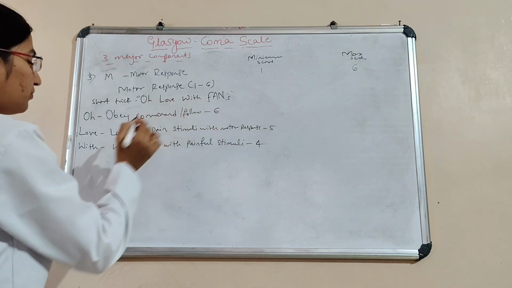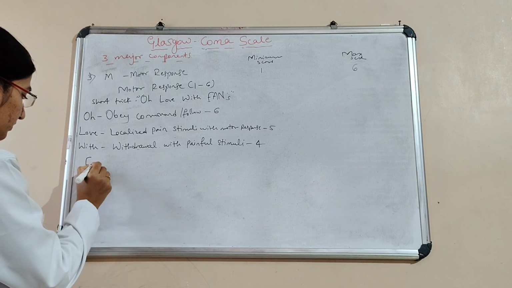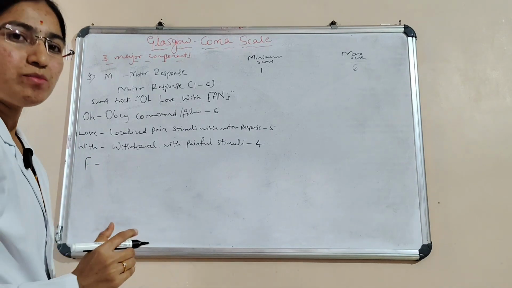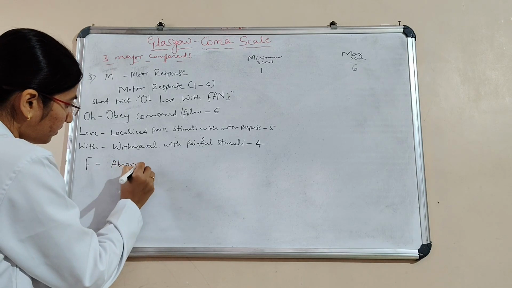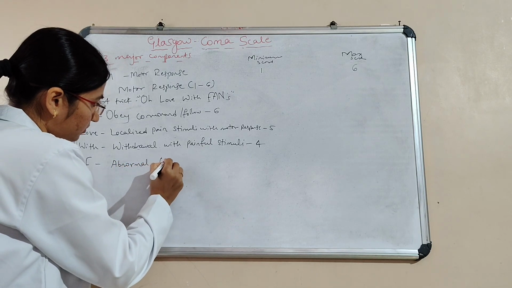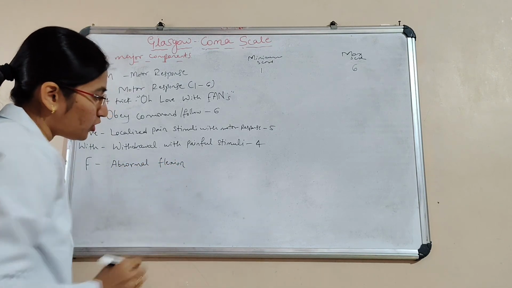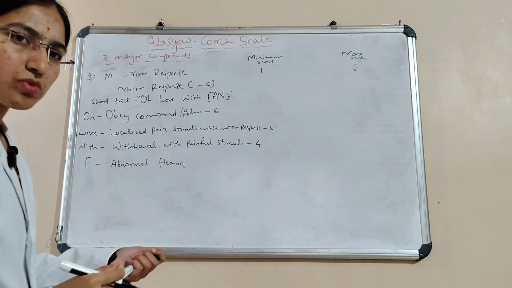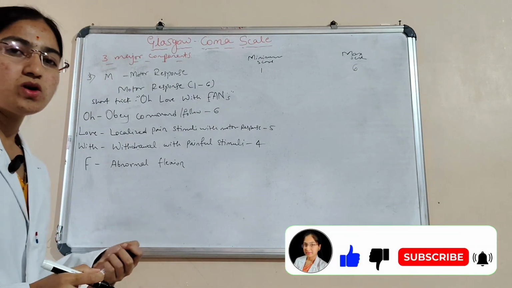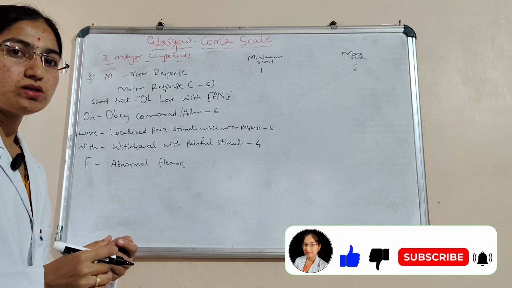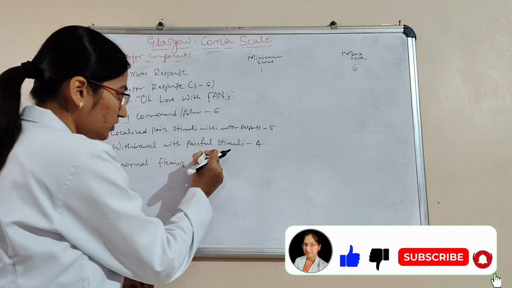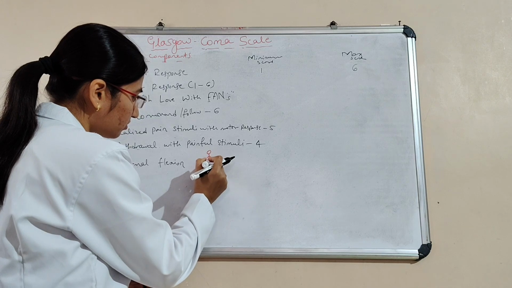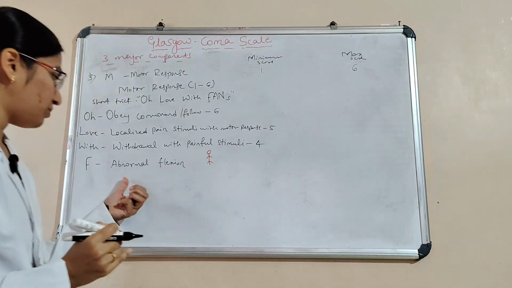After that, F. F means abnormal flexion. Abnormal flexion in the sense that extremities go inward direction. This is the person. Here what happens?